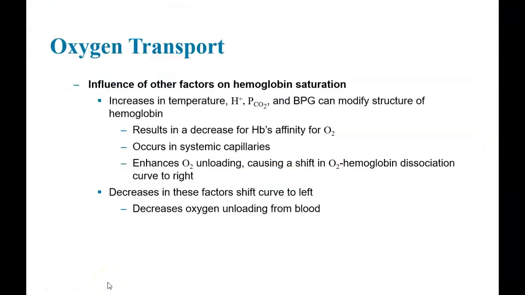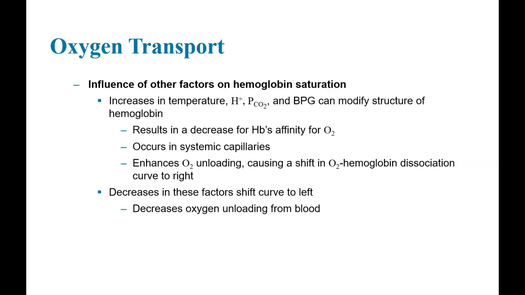The influence of other factors on hemoglobin saturation are things like temperature, hydrogen ions, the partial pressure of carbon dioxide, and the BPG molecule that can modify the structure of hemoglobin. So it results in a decrease in the hemoglobin's affinity for oxygen.